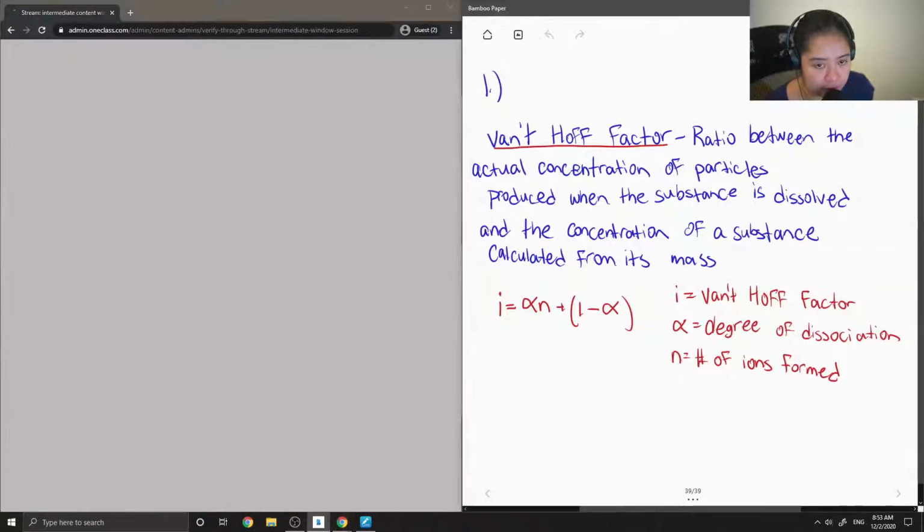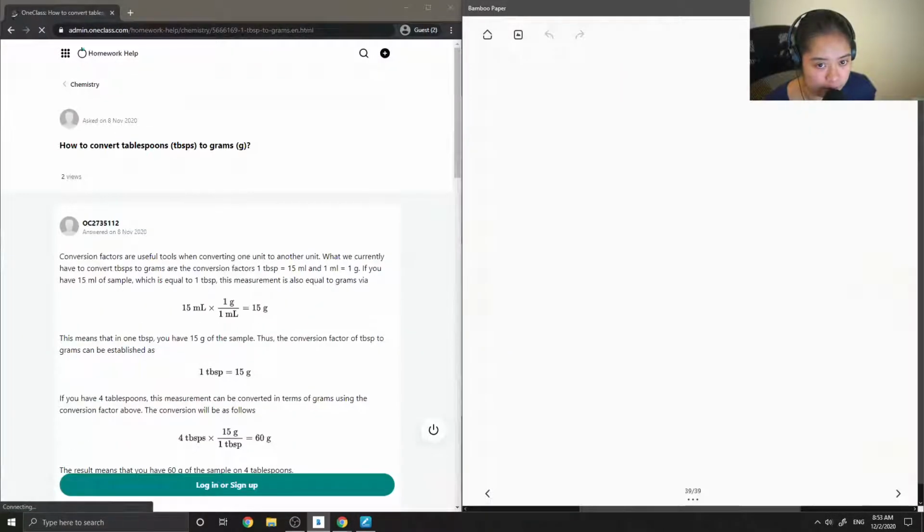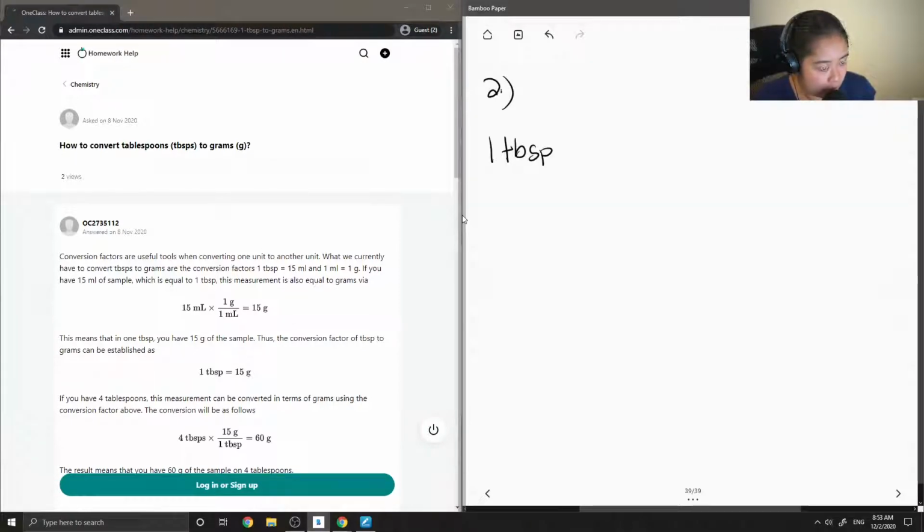Okay, moving on to question number 2. How do you convert tablespoons to grams? We would use the conversion factor where 1 tablespoon is equal to 15 milliliters.